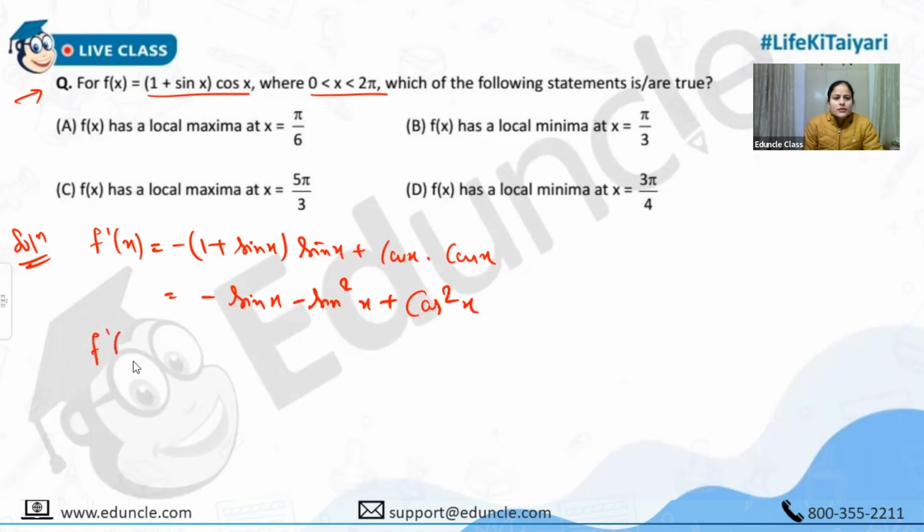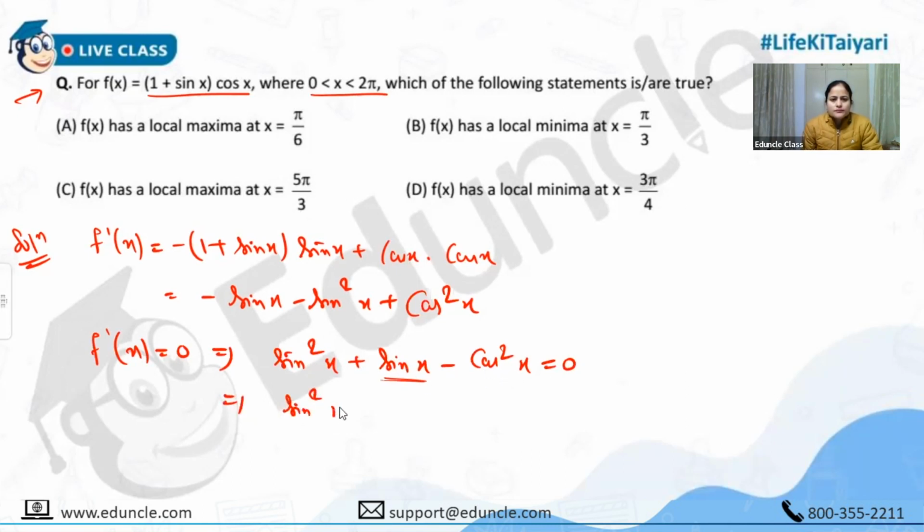So for the critical point I need to take first derivative equal to 0. So this will give me what? This will give me sin square x plus of sin x minus of cos square x is equal to 0. So as I'm having here linear term in sin, so I'll change this cos by sin. ठीक है.